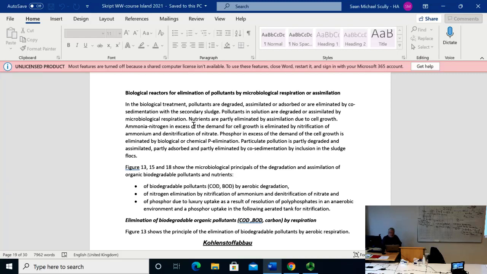So the nutrient requirement for degrading aerobically 100 grams of COD is, the ratio of COD to N to P is 100 to 2.5 to 0.5. So if you want to degrade 100 grams of COD, you need 2.5 grams of nitrogen, which you will find in the organic mass, which will be grown, and you will find in this organic mass 0.5 grams of phosphorus.